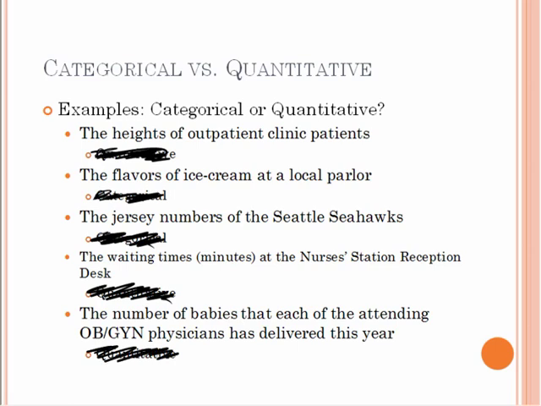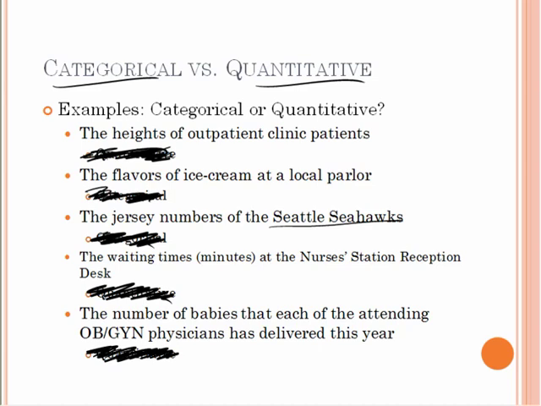Okay, so the heights of outpatient clinic patients. So we talked about heights. Would this be categorical or quantitative? The flavors of ice cream at a local parlor. The jersey numbers of the Seahawks. Go Hawks. The waiting times in minutes at the nurse's station reception desk. The number of babies that each of the attending OBGYN physicians had delivered this year.